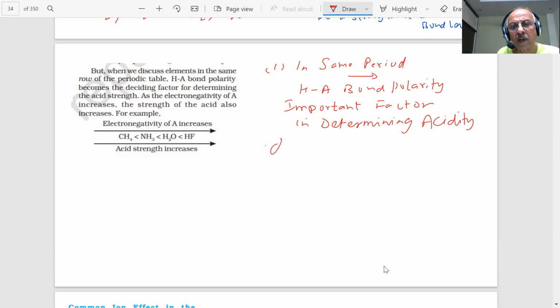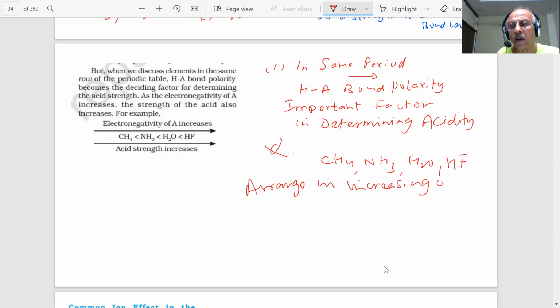The question was like this: CH4, NH3, H2O, HF, arrange in increasing order of acidity.